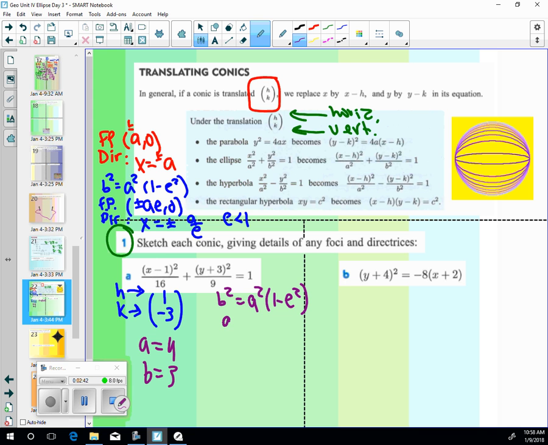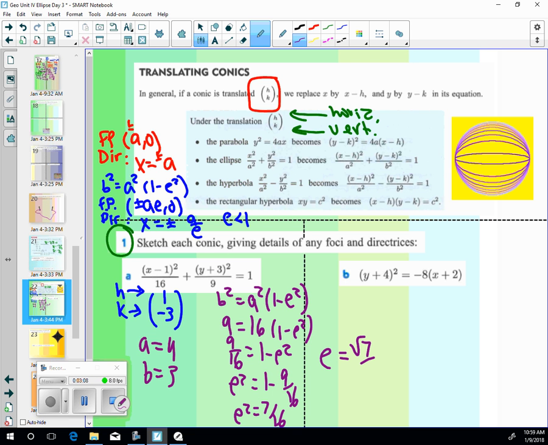So you'll have 9 equal to 16 times (1 minus e squared), 9/16 equals 1 minus e squared. e squared equals 1 minus 9/16, which is what? 7/16? So since e is greater than 0, e is going to be equal to the root of 7 over 4.